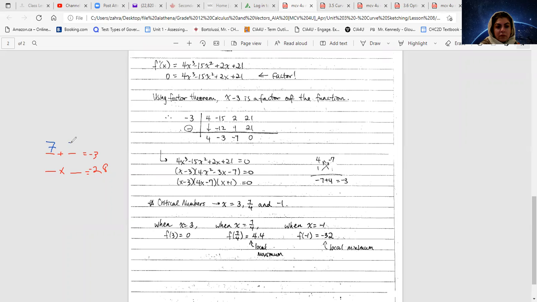Sorry, it's 7 and 4. 7 and 4 multiplication is 28 and addition is -3. Then I need to divide that by the coefficient of x squared, which is 4.